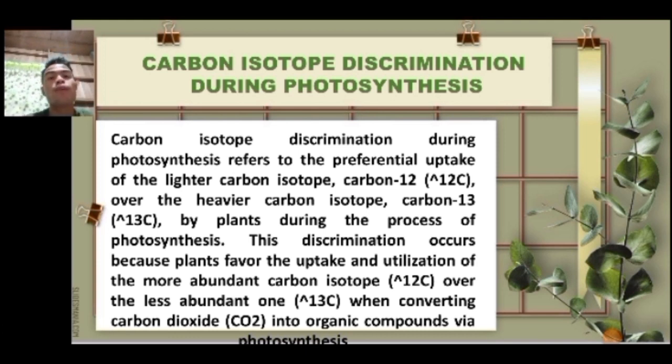The carboxylating enzymes in C4 plants and CAM plants, which fix carbon dioxide predominantly at night, show less discrimination against carbon 13. Therefore, the isotopic ratio in these plants is closer to that of atmospheric CO2.